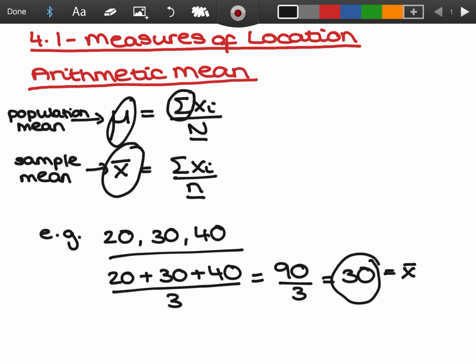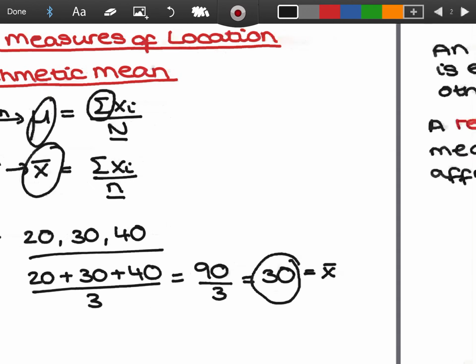So an outlier does affect the mean by quite a lot, especially when you only have a small number of data points. An outlier can really affect that value. When you have a lot of values, an outlier may not affect it as much, but it is still going to change the value of the mean. So a mean is not a resistant measure.